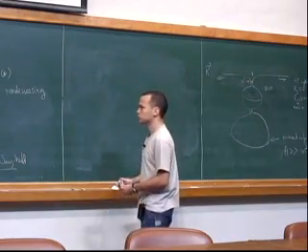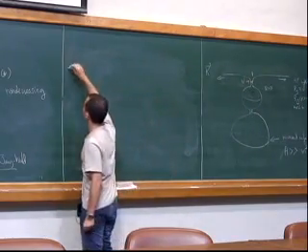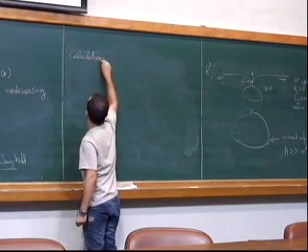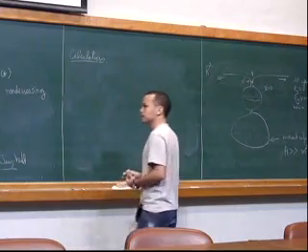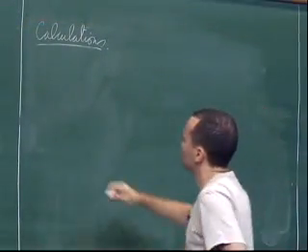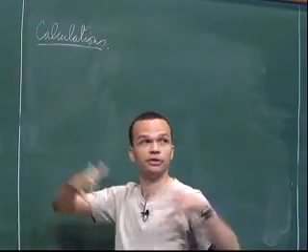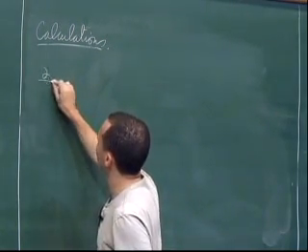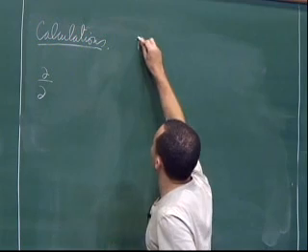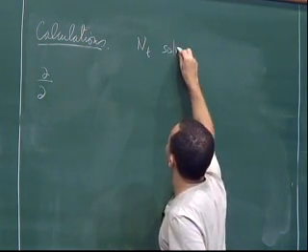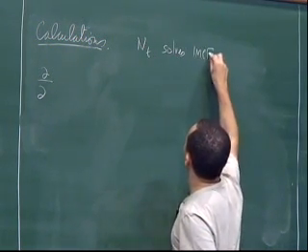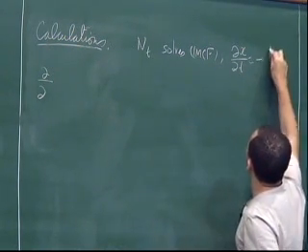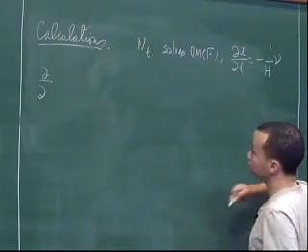But anyway, let's just derive some properties, some calculations for this flow. The simplest one is to compute how the area evolves. The formula is very simple. I'm assuming here that N_t solves inverse mean curvature flow, so we have dx/dt is minus 1 over H times nu.